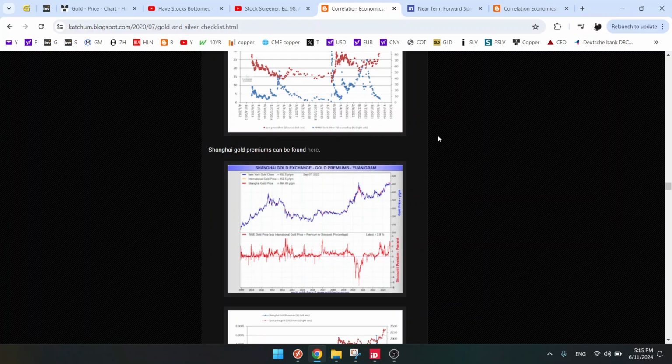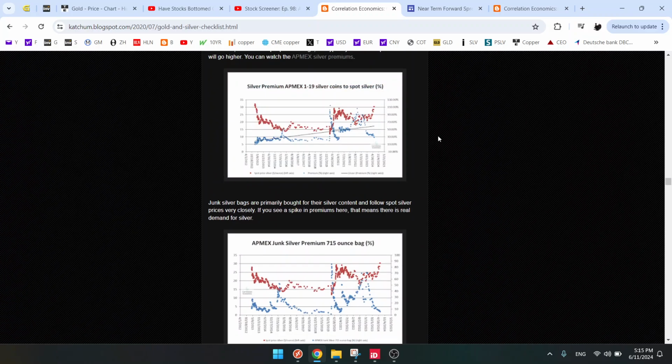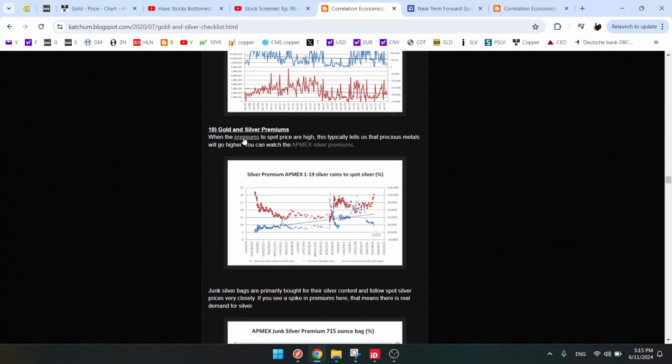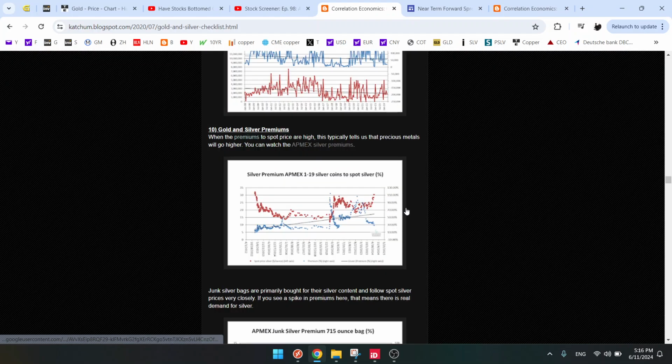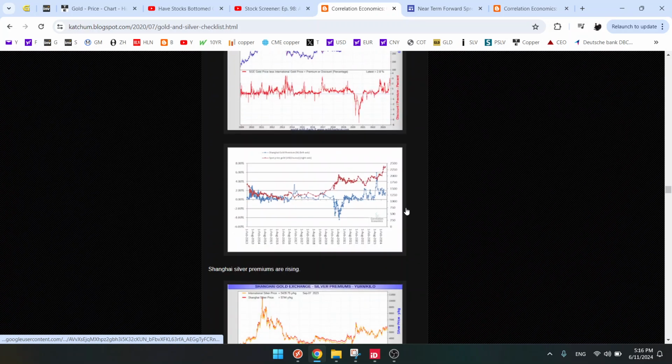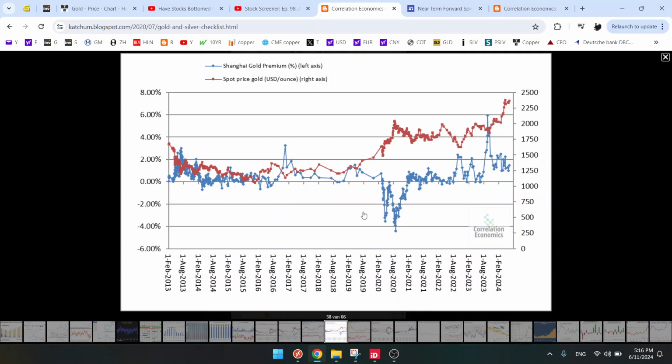Okay, so now we go to the short term indicators, and those are the premiums on gold and silver. And here you have the West, premiums in the West, which are pretty low right now. And you have the premiums in the East, which are pretty high at 1%.